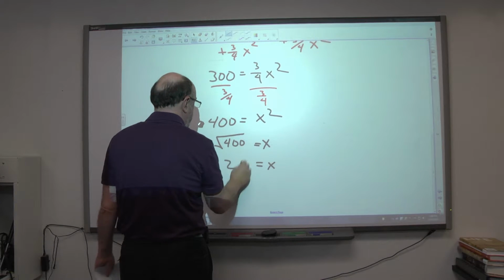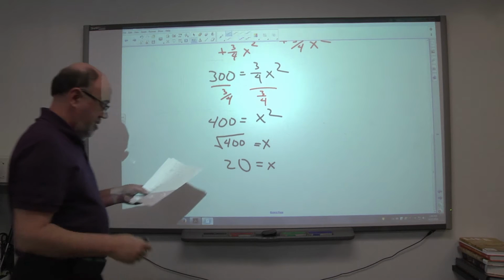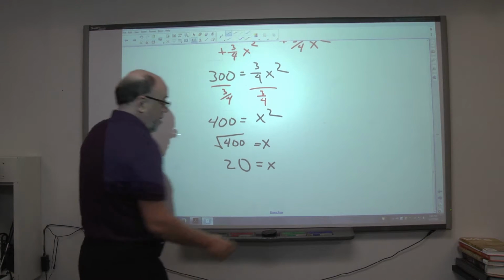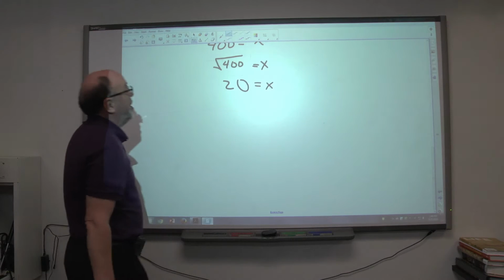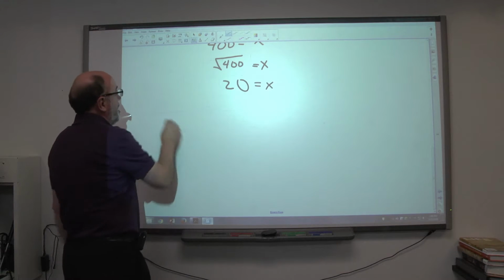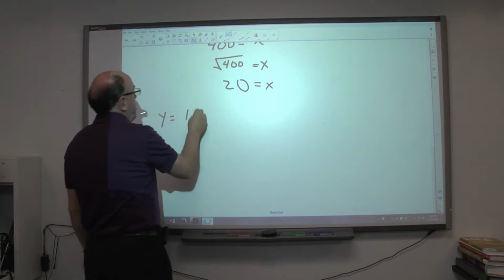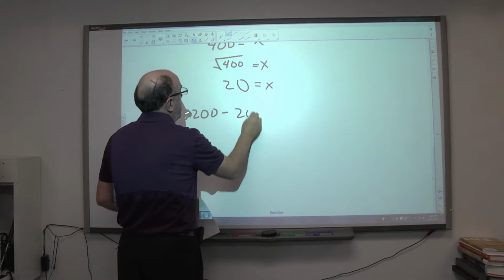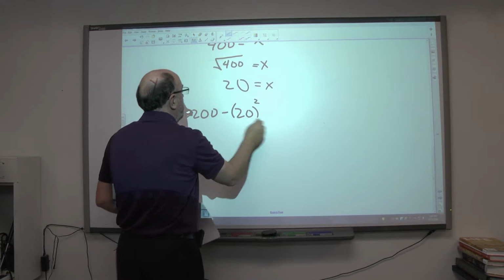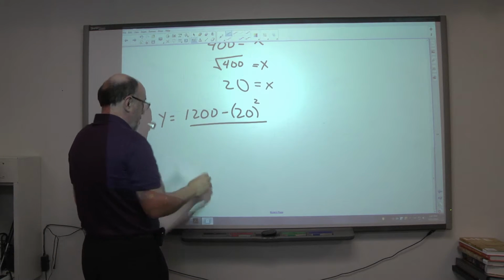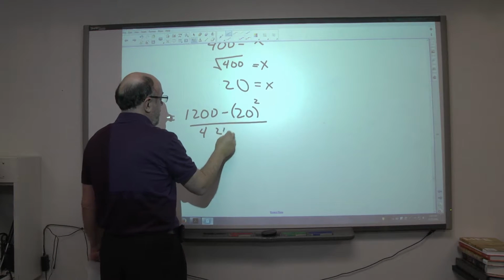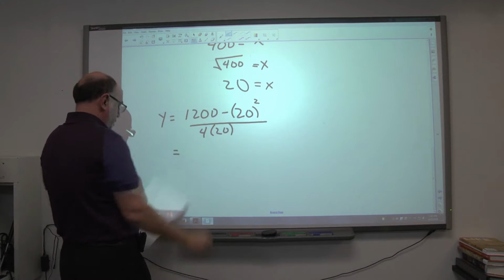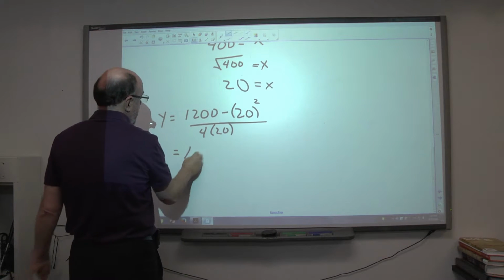And x will come out to be 20. Right? So now that we know what x is, we can get our value of y. And so y is going to be 1200 minus 20 squared over 4 times 20. And we end up, this will come out to be 100.